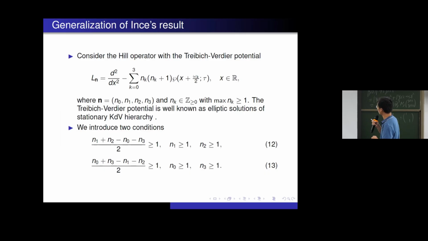This potential is a generalization of the Lamé potential. And this potential is well known as an elliptic solution of the stationary KdV hierarchy. So we want to ask, if tau is purely imaginary, whether the spectrum of this operator also lies on R. This is our question.